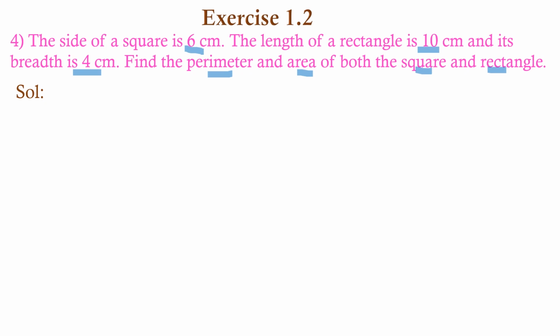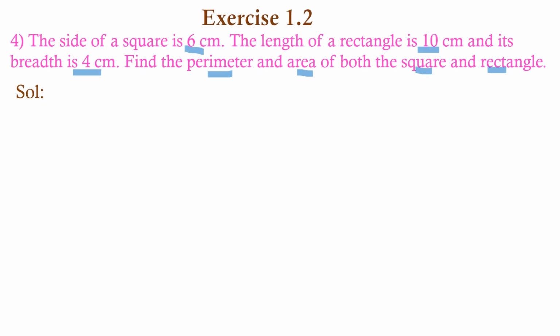See, in this question, they gave the measurement of length of one side of a square and similarly measurement of rectangle, which means length and breadth of rectangle. Based on these measurements, we have to find out perimeter and area of both the square and rectangles. So first we will find the perimeter and area of square. Then we will find out perimeter and area of a rectangle.